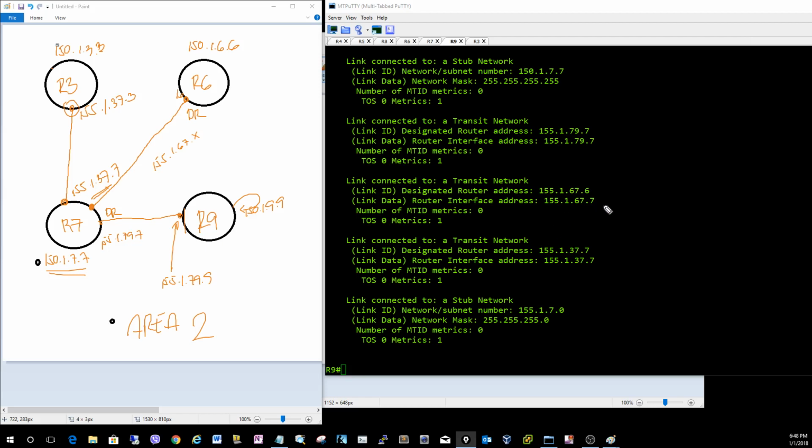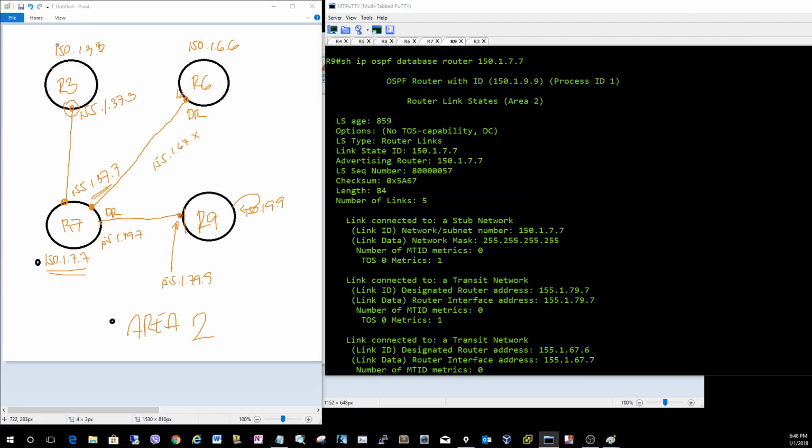Okay, it's going to tell us that router 7 has 5 links. One is a stub network, which is the loopback, which is this guy right here.